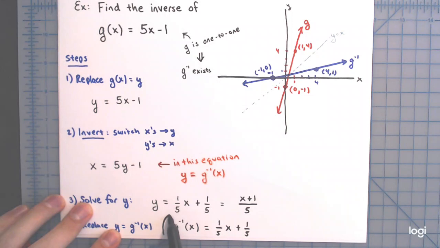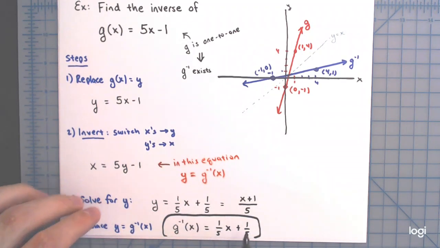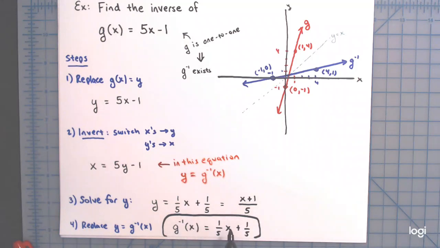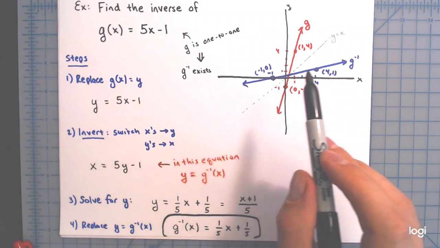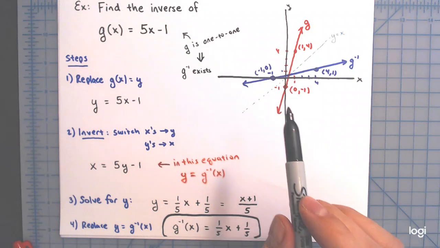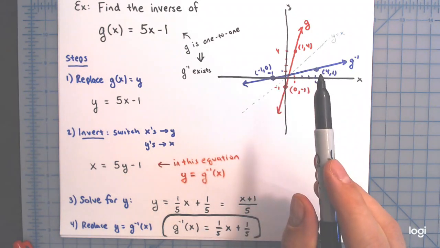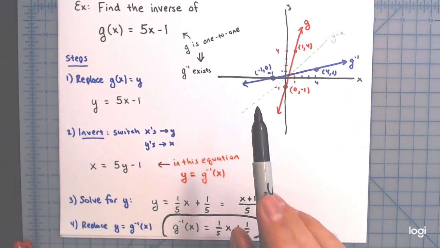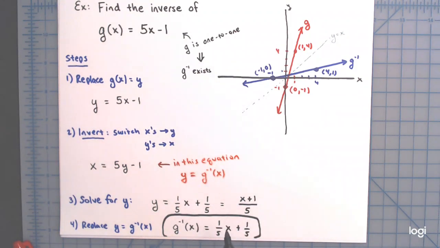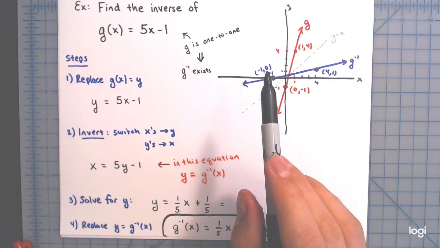And here we go. This is what we were asked for, right here in the box: the equation for this blue graph I just drew up here. And check it out. Look at these ordered pairs. Wouldn't these ordered pairs -1, 0 and 4, 1 be on this graph? If I plug in -1 for x, that'd be -1/5 plus 1/5, that'd be 0, the y coordinate.